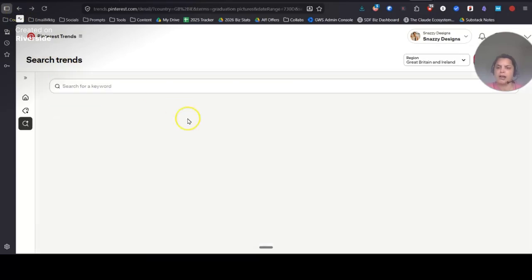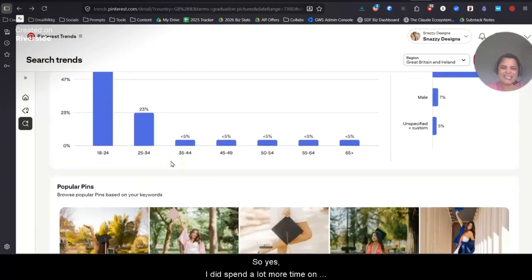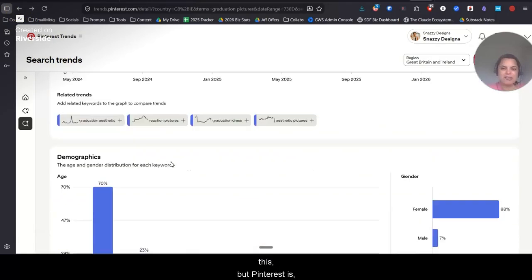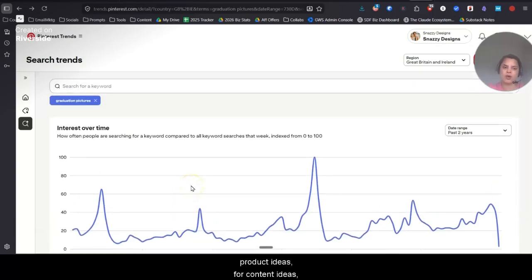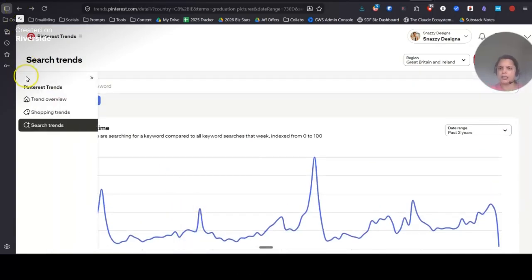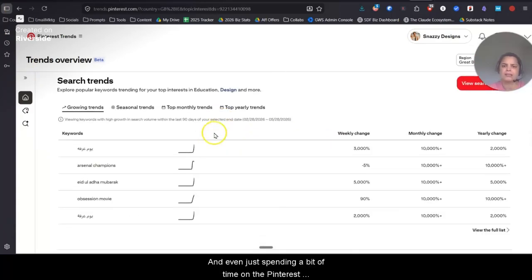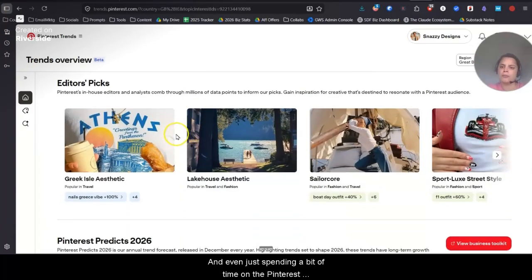Okay. So yes, I did spend a lot more time on this, but Pinterest is a really good source for product ideas, for content ideas, for things you can create. And even just spending a bit of time on the Pinterest trends page can give you so much to work with.